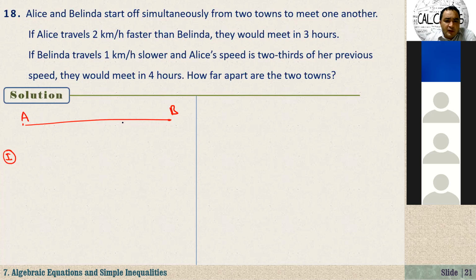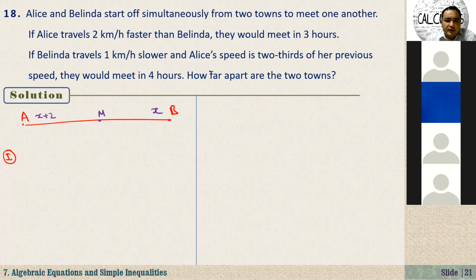Okay, guys, these people are walking towards each other. If Alice travels 2 kilometers faster than Belinda, so here Belinda's speed is, let's say, x, and Alice's speed will then be x plus 2. Okay, let's say that's their meeting point. They meet each other here, right? So they would meet in 3 hours.